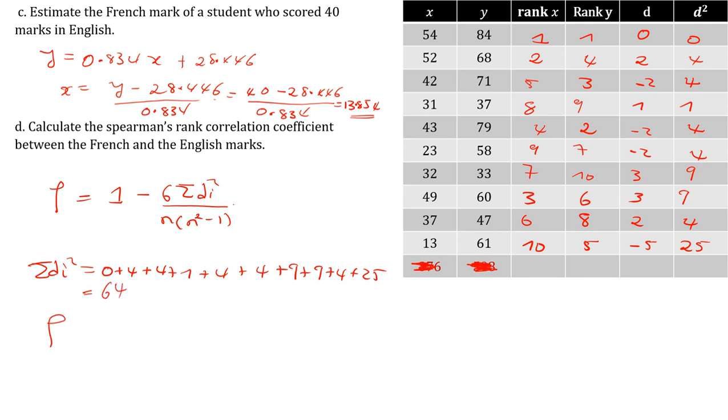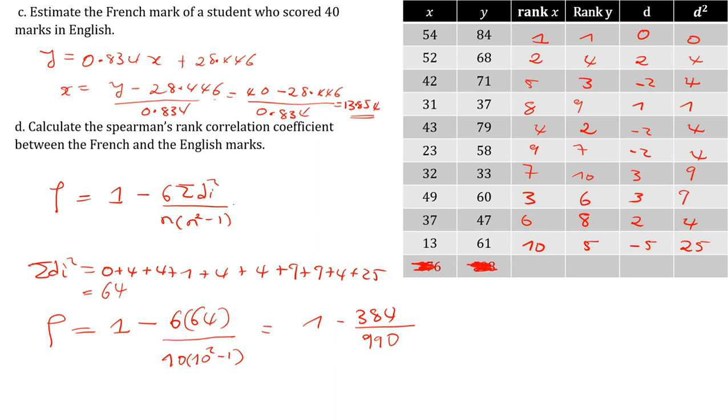Therefore, the Spearman's rank correlation coefficient will be 1 minus 6 times 64 divided by the number of observations 10 times 10 squared minus 1. So that will give 1 minus 64 times 6, which gives 384. 384 divided by 10 squared is 100 minus 1, which is 99, times 10, which gives 990.